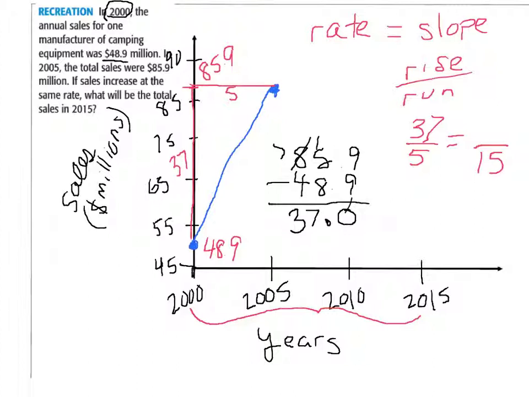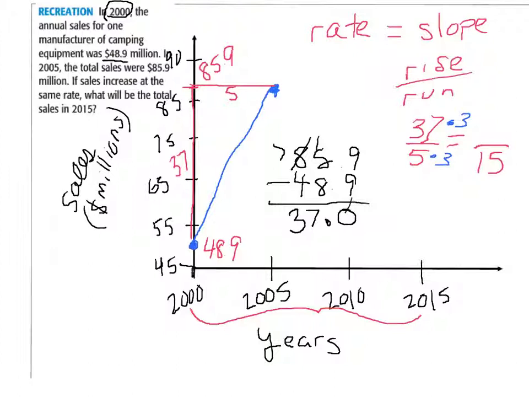So ask yourself, what would you have to multiply? This is just an equivalent fraction. What would I have to multiply 5 by here to change it to 15? Well, hopefully you know your multiplication facts, and you know that 5 times 3 is equal to 15. So here, all I have to do in the top then is multiply that by 3.